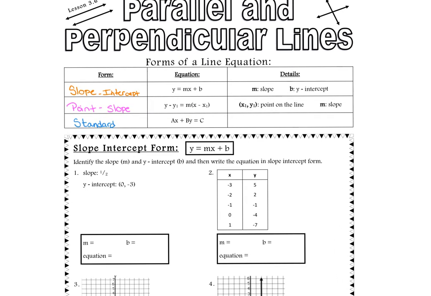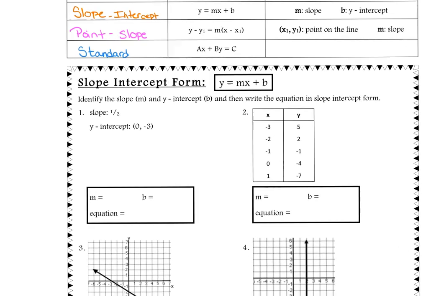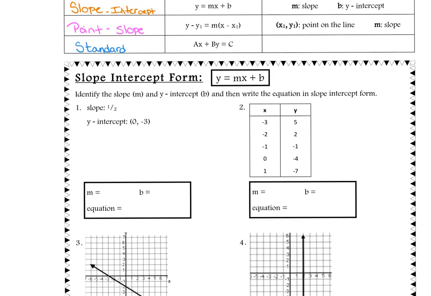All right, looking at the questions down here, focusing on slope-intercept form. So the first thing that question 1 says is that we have a slope of 1/2 and y-intercept of 0, -3. And so the first thing we want to do is go ahead and write our equation using the given information.